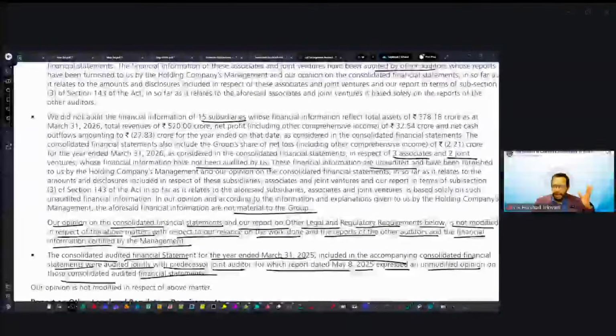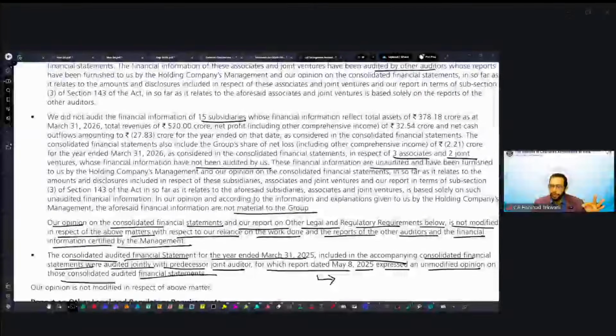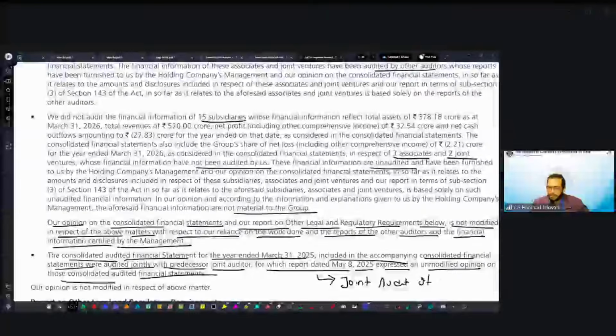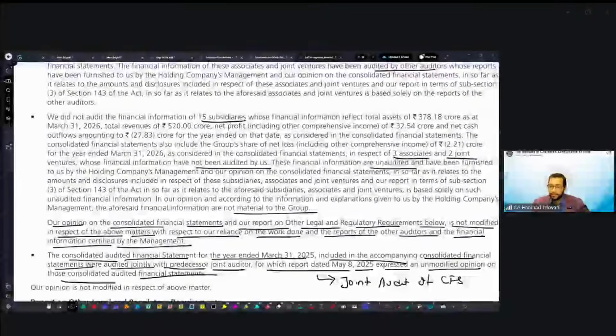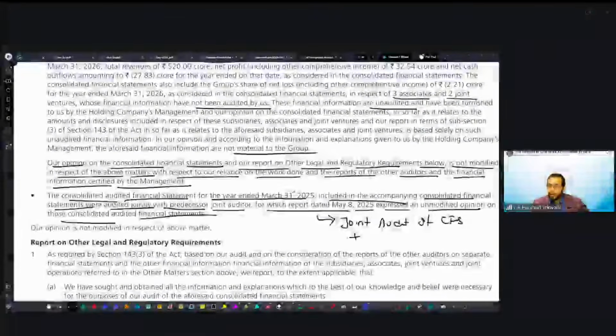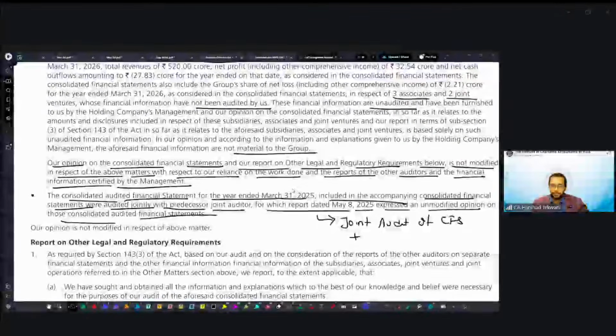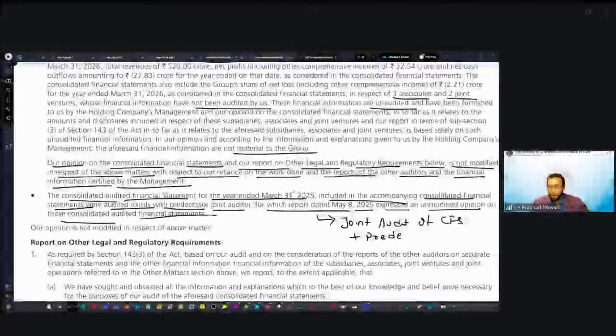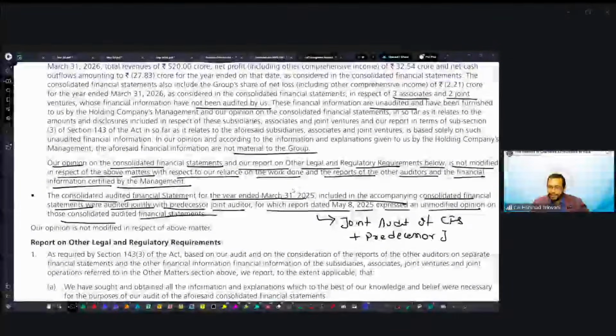A very interesting kind of reporting paragraph. There is a previous auditor who has audited the consolidated financial statement jointly with this auditor. So a joint audit of CFS, plus there was a different predecessor auditor who was also a joint auditor. For that, there is a disclosure.